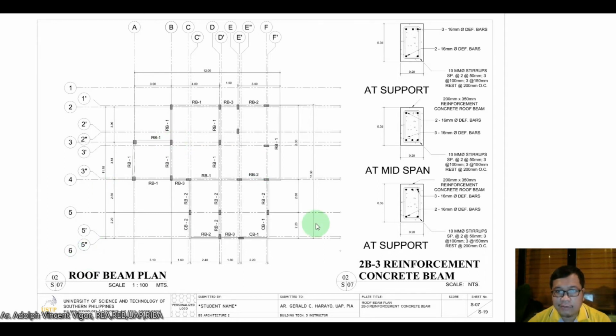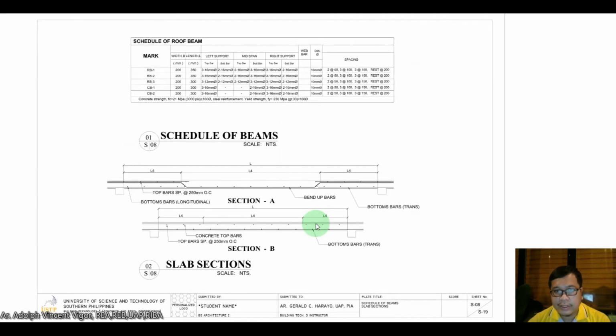Then let's move on to S8. At S8, class, you can see your schedule of beams. I think it was presented in the previous drawings, your RB3, CB1, CB2, in a graphical manner.